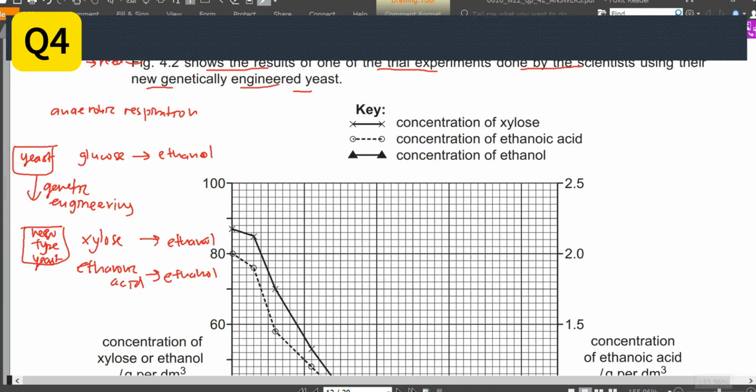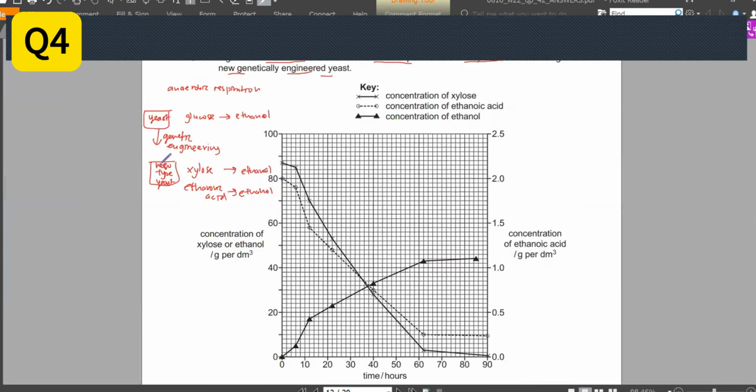What are we looking at? If we are using this new type of yeast, what do we expect to happen? First, we know that it can use xylose and ethanoic acid as the substrate to convert to ethanol.